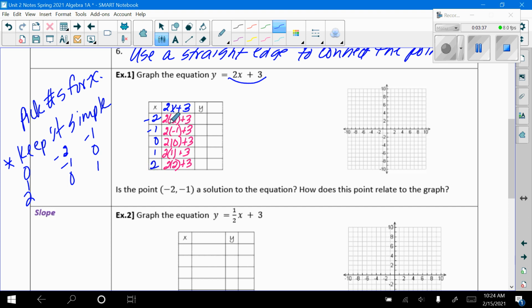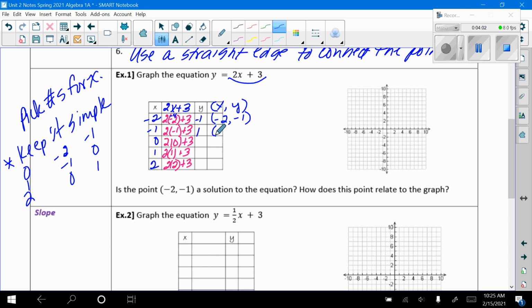So 2 times negative 2 is negative 4. So negative 4 plus 3 would be negative 1. This ordered pair x comma y is negative 2, negative 1. The next one, 2 times negative 1 is negative 2. Negative 2 plus 3 is going to give me 1.